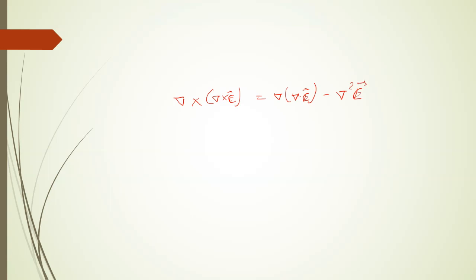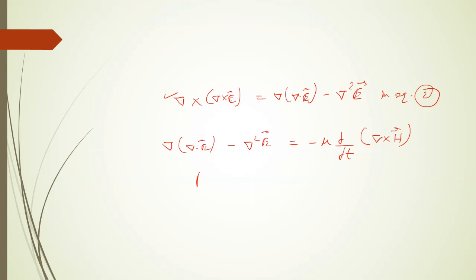Apply this result in equation 2. The left hand side becomes del of del dot E minus del square E equals minus mu d by dt del cross H. Now put equation 1a in the above equation.